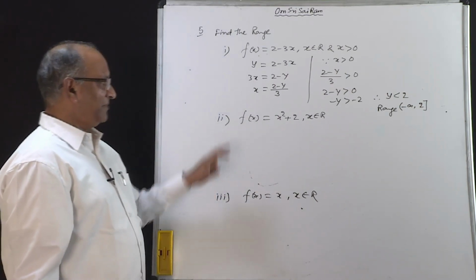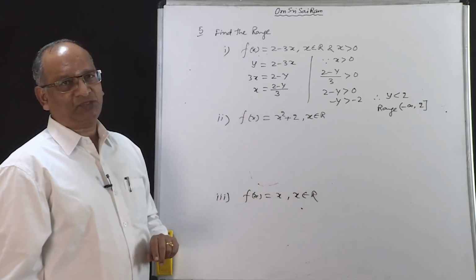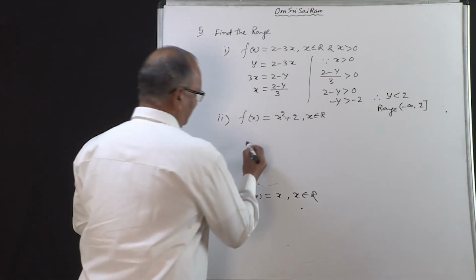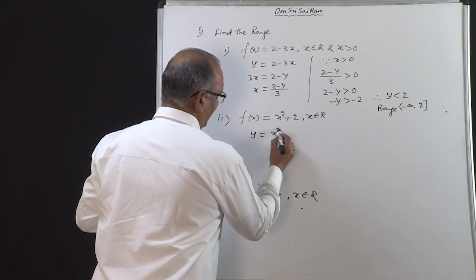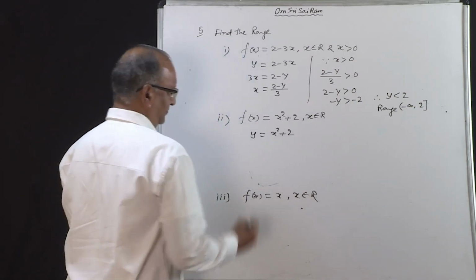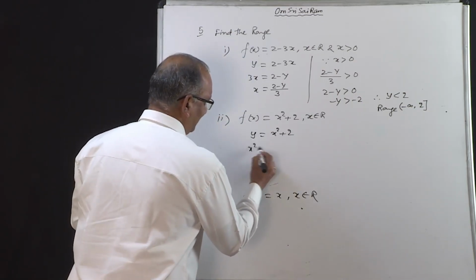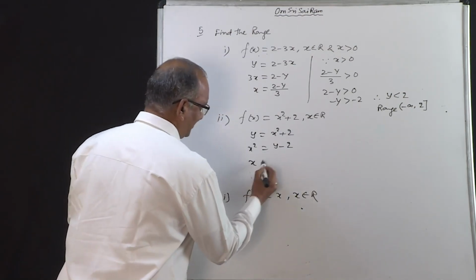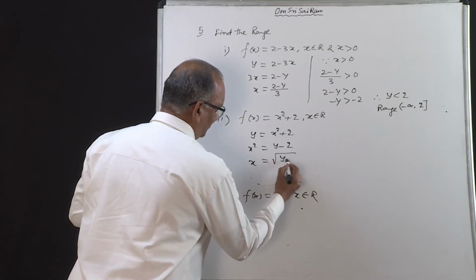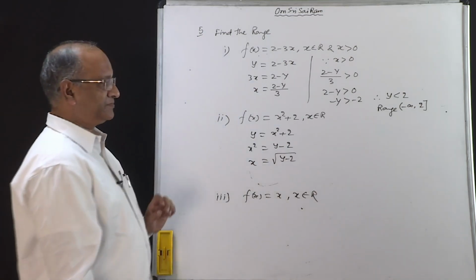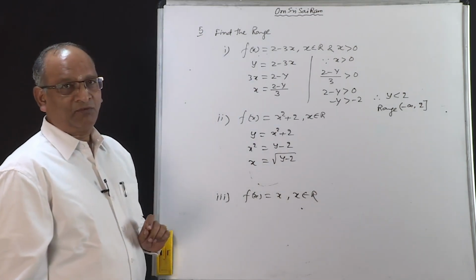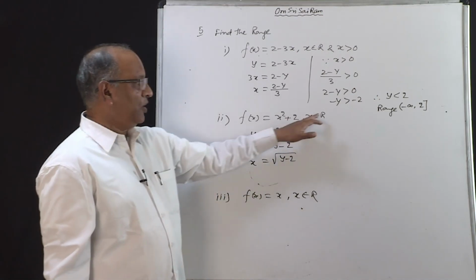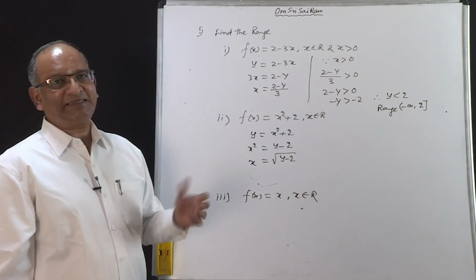Take the next problem, f(x) equal to x square plus 2. Do the same thing. Let y equal to x square plus 2. x square is equal to y minus 2. So x is equal to under root of y minus 2. What does he say? x belongs to R. x is any real number.